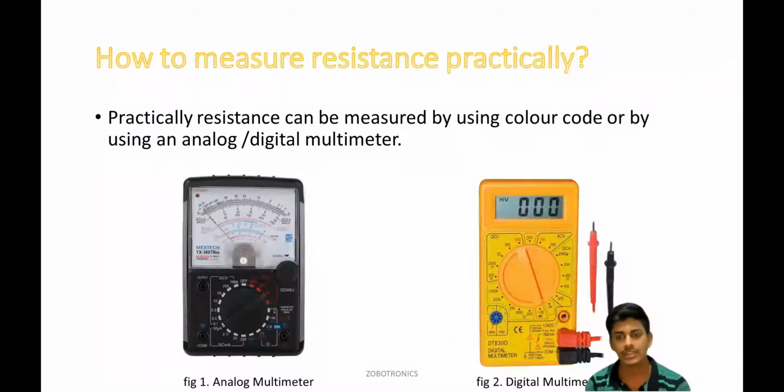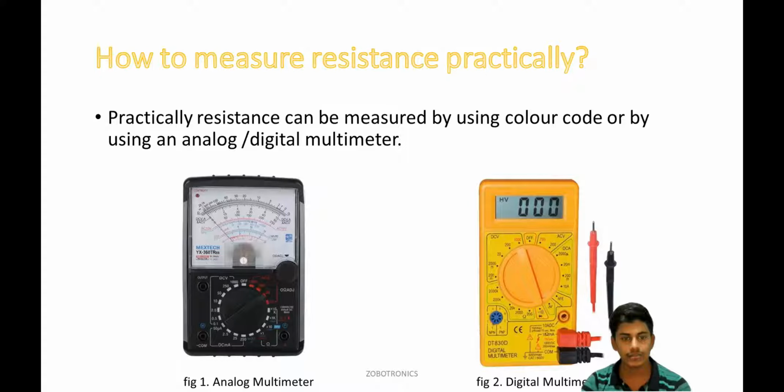So how to measure resistance practically? Practically, resistance can be measured either by using the color code shown on the resistors. There are different color bands on the resistor from which we can measure the resistance, or we can also use a multimeter, either an analog multimeter or a digital multimeter.